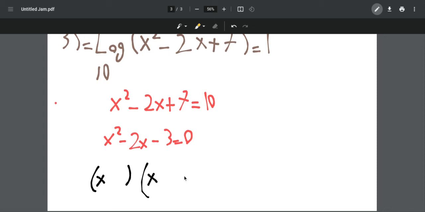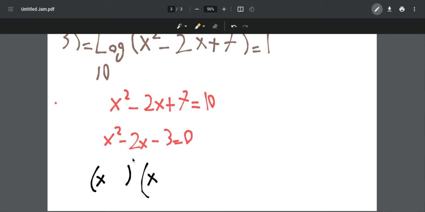So, in our mind, we say what two numbers have a product, which means they multiply to be -3, and they add to be -2. So again, we should find two numbers that multiply to -3 and have a sum of -2.